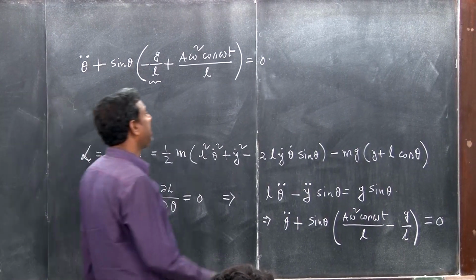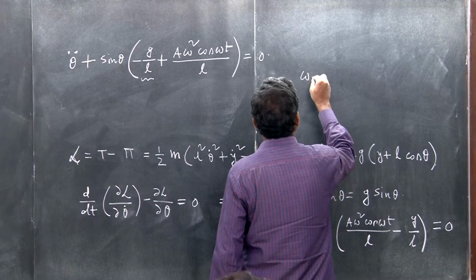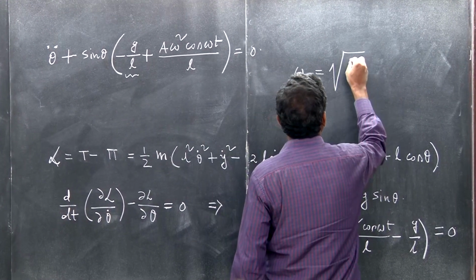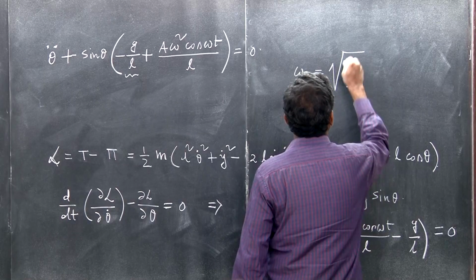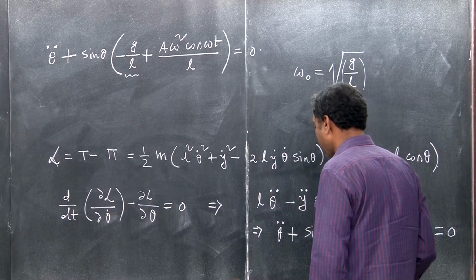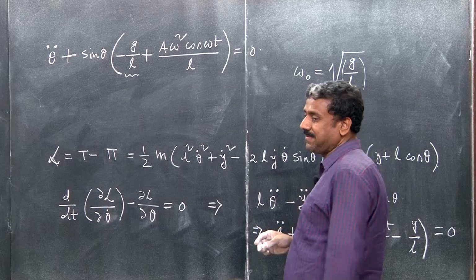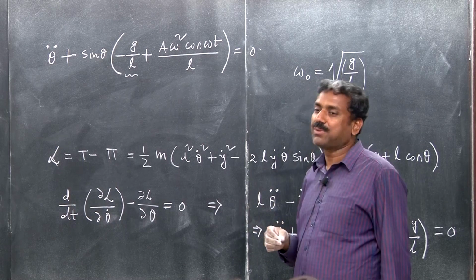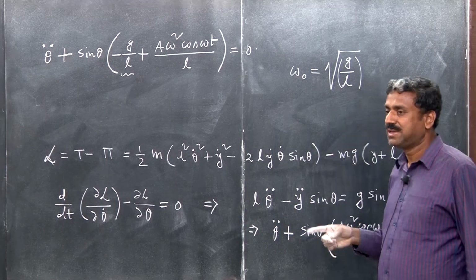If you can recall, omega 0 is nothing but root g by L, the frequency of the pendulum. The time period is root L by g.